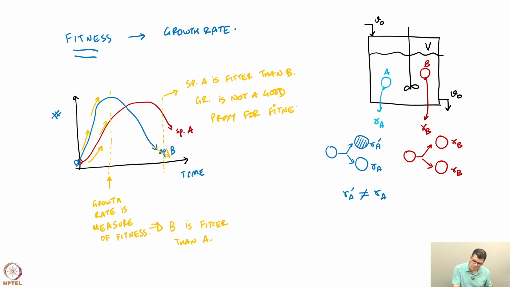So these contexts have to be extremely carefully studied when we are defining fitnesses in different contexts. For our purposes, for the time being, let's imagine that fitness is being defined by growth rate.